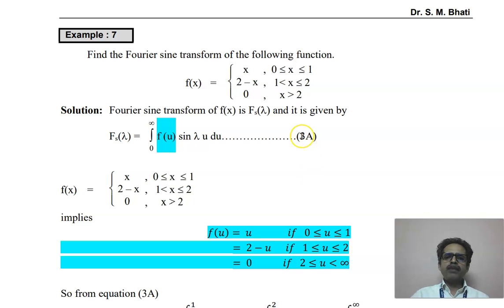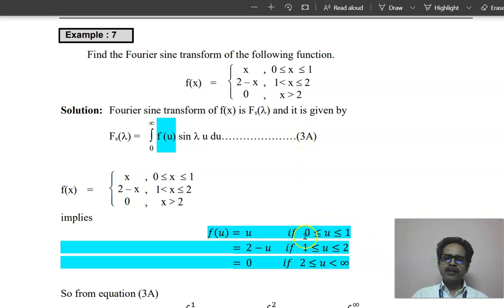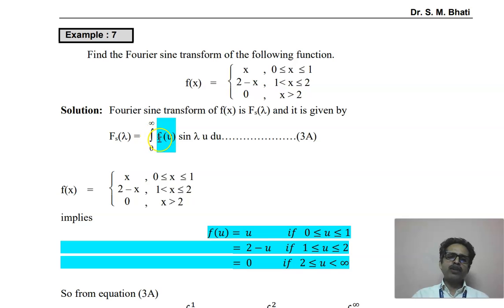Now from equation 3a, we have integration with respect to u, and u has a limit 0 to infinity, and here we have to put the value of f(u) which is valid in the interval 0 to infinity.